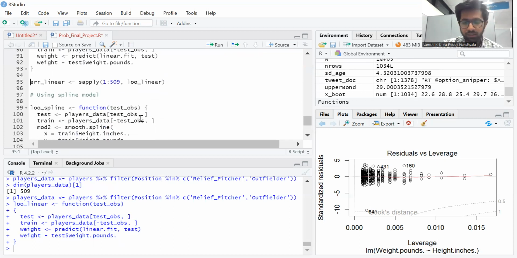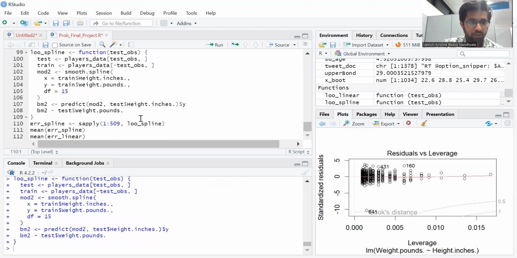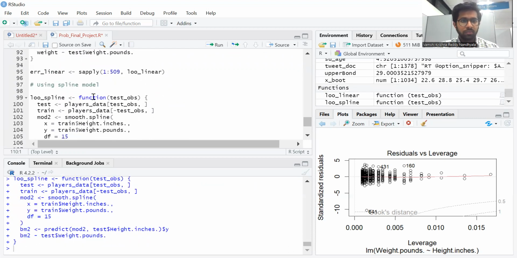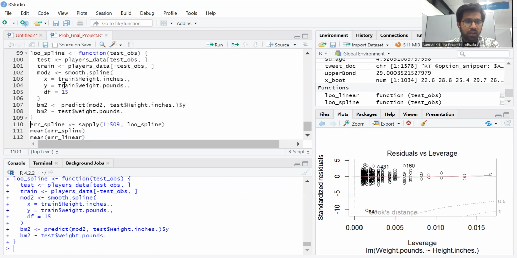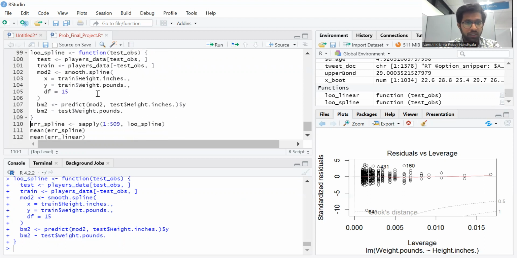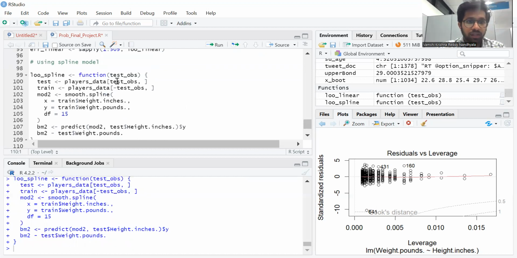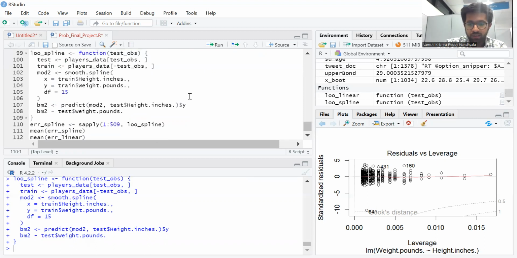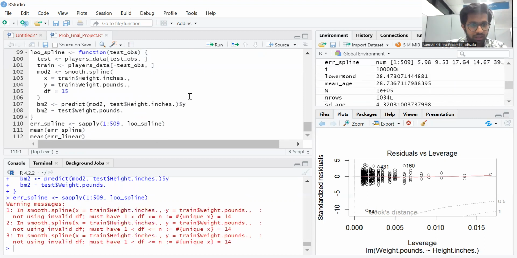Similarly, we are also doing the same thing with the spline model, and here we gave x equal to train x data and y data. We have df equal to 15. And let's compare these two models.